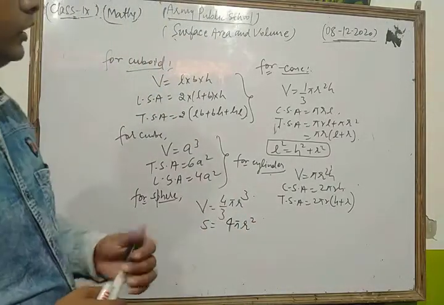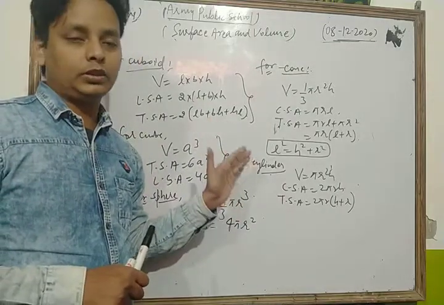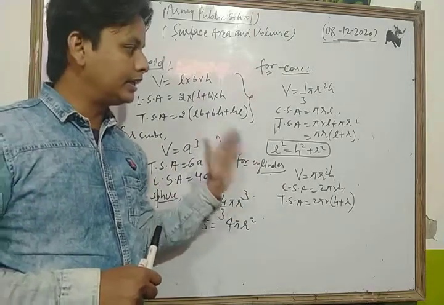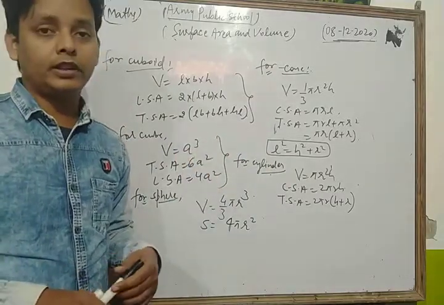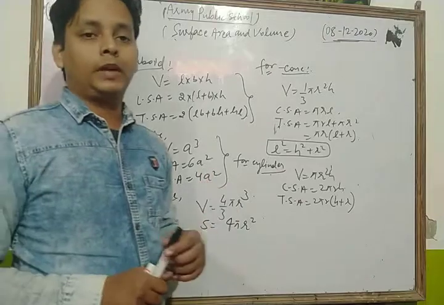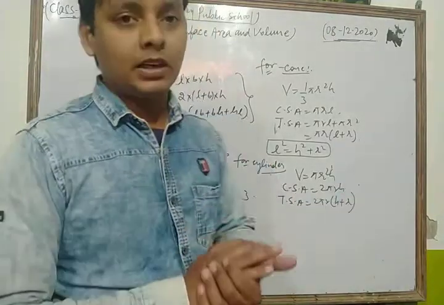Now these are the formulas which we use in that chapter. So dear students, first you learn all the formulas related to that chapter. After that you practice the questions which we discuss in that class and also in previous classes.